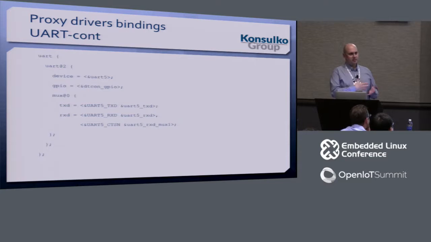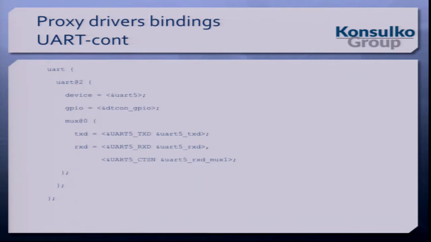That declares the format of the driver, but then you need an actual way to describe what kind of UART devices are there on your SoC, how you get them, and what the muxing options are. Let's say this is UART number 2, and it points to UART number 5, which is on the board, which is the GPIO controller for that UART.